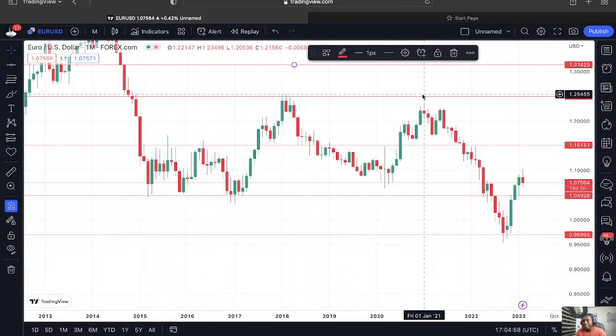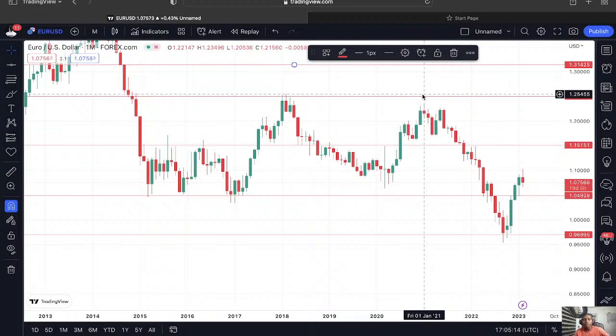Now, why are these levels very important for us to map out? We are mapping them out in order to get the demand zone and the supply zone.